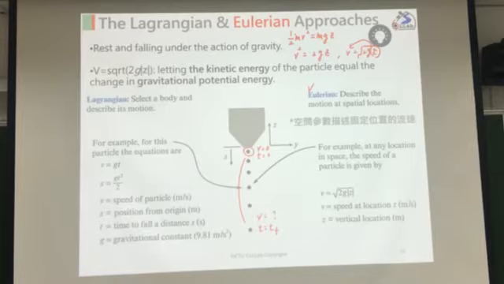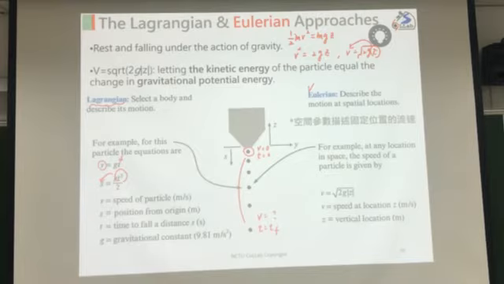So you can directly link the spatial location with the velocity. But for the Lagrange it's different, because we need to know the initial time, and then we can predict the location. And then we need to know what time it is, and then we can predict the velocity for that time point.